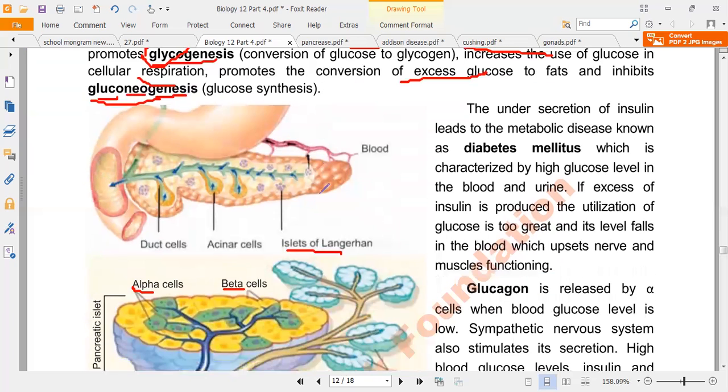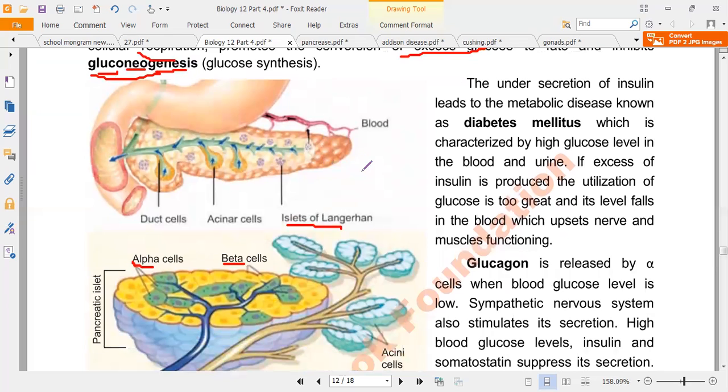Under-secretion of this, we know that if insulin is not produced properly, or the pancreas has some infection or some problem, so that insulin is not prepared properly, the person can get diabetes mellitus. Before, we discussed diabetes insipidus, that is frequent urination. That is another problem; diabetes mellitus is related to the production of insulin.